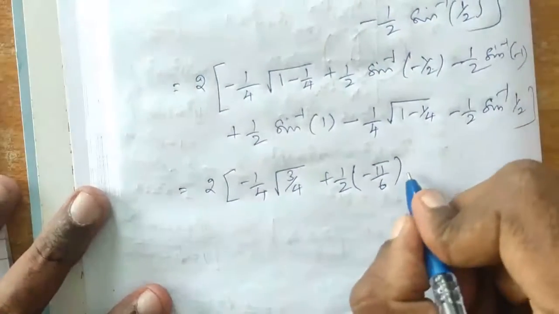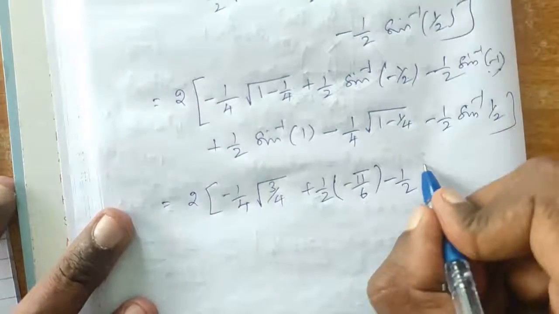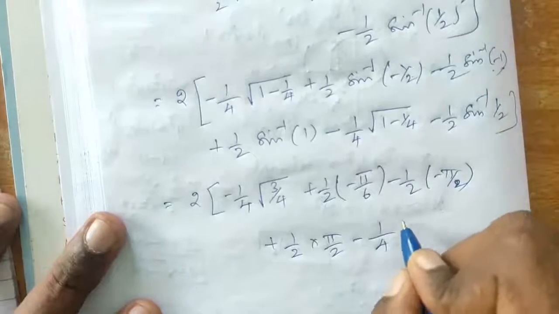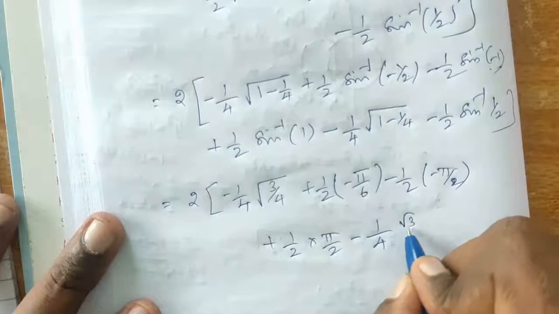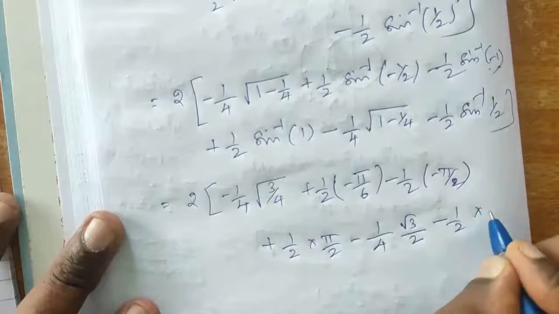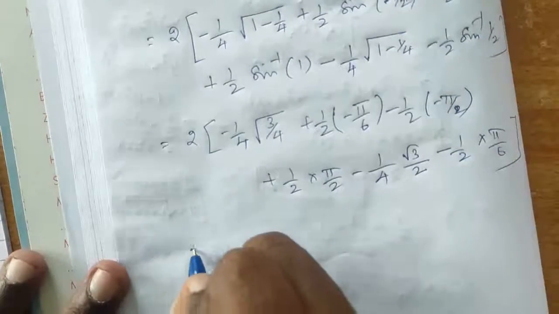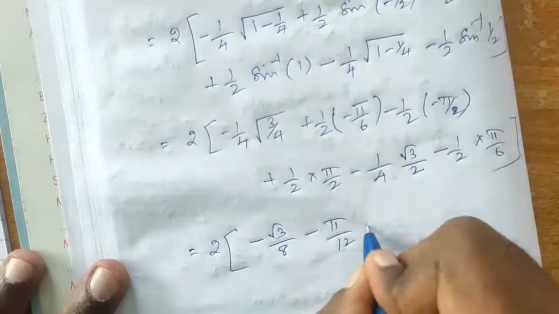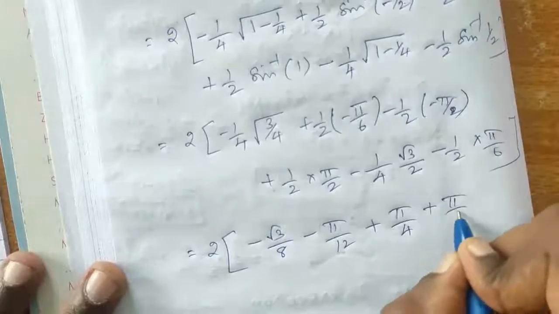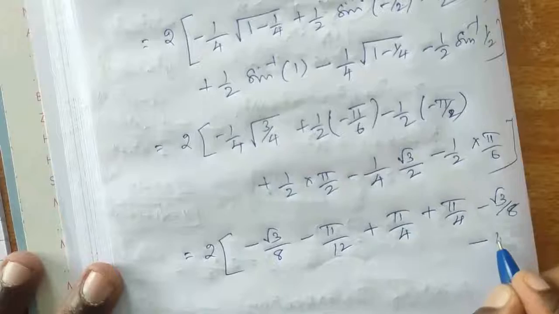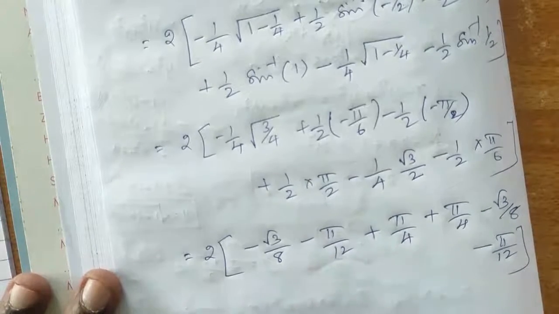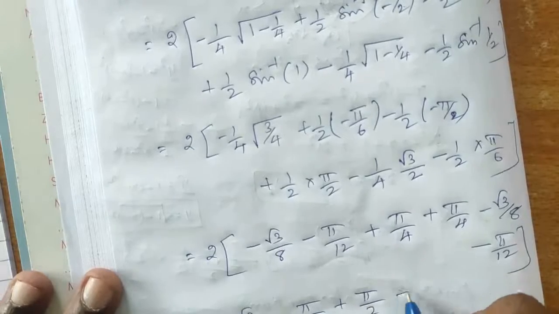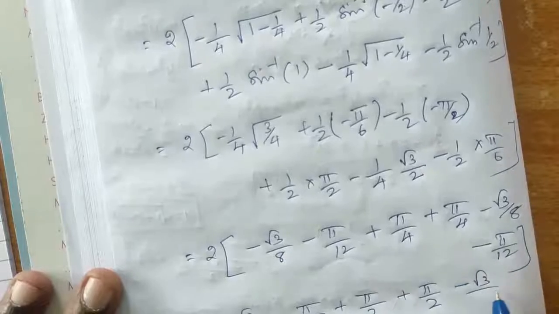So minus 1 by 2 into sine inverse of minus 1 is minus pi by 2, plus 1 by 2 into pi by 2, minus 1 by 4 into root 3 by 2, minus 1 by 2 into sine inverse of 1 by 2, which is pi by 6 ]. Which is equal to 2 into [ minus root 3 by 8 minus pi by 12 plus pi by 4 plus pi by 4 minus root 3 by 8 minus pi by 12 ]. So multiplying by 2, we get minus root 3 by 4 minus pi by 6 plus pi by 2 plus pi by 2 minus root 3 by 4 minus pi by 6.